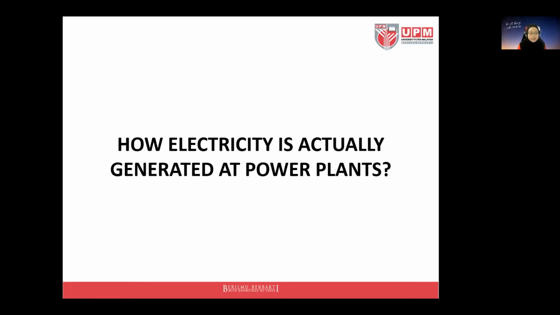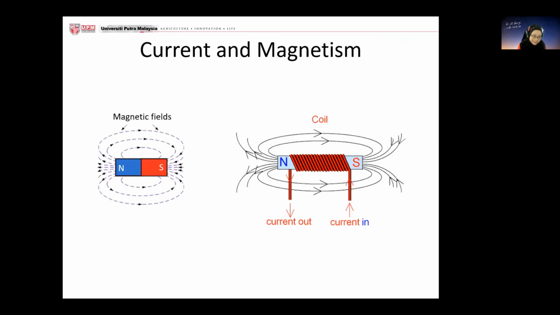And to answer that question, we are going to go back to basics again. Please bear with me. Before we really look at how electricity is generated, we have to understand a little bit about current and magnetism.